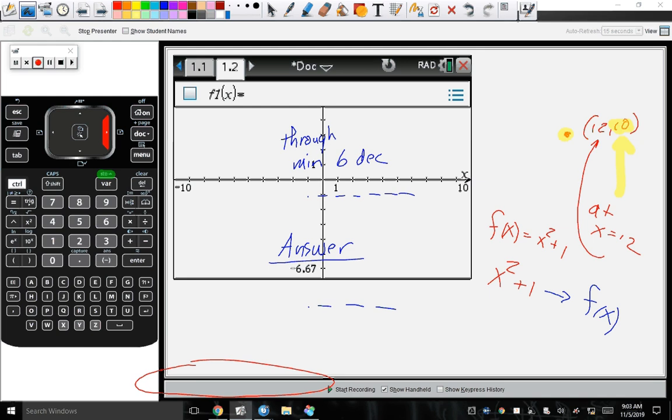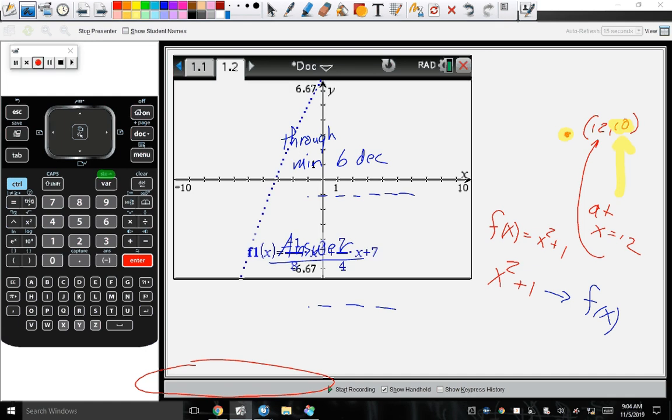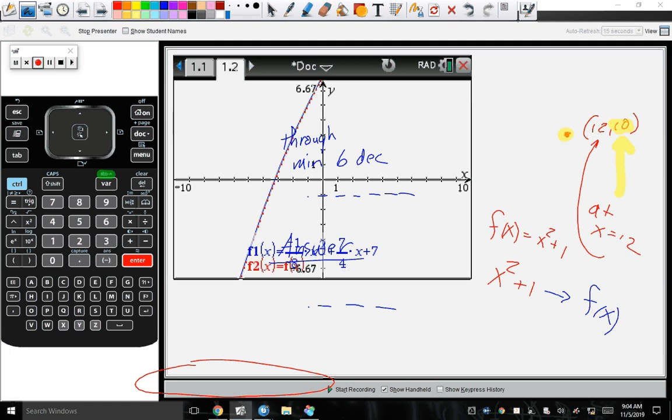I can retype it all out as a negative 1/8 x squared plus 7/4 x plus 7. Or what I could have done is just typed in what I saved from the previous screen, which is just f of x. Same thing. So let me show you on that tab. I'll say f of x, because that's what I stored it as on the other screen. And of course, you'll see it lie right on top of it. Okay? Because it's the same exact graph.